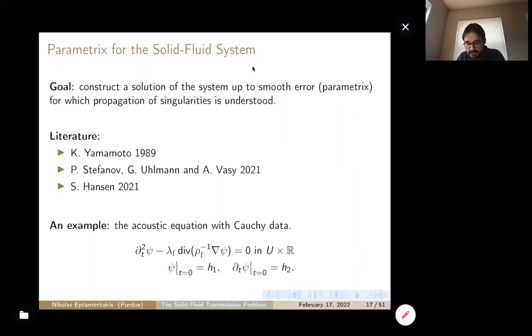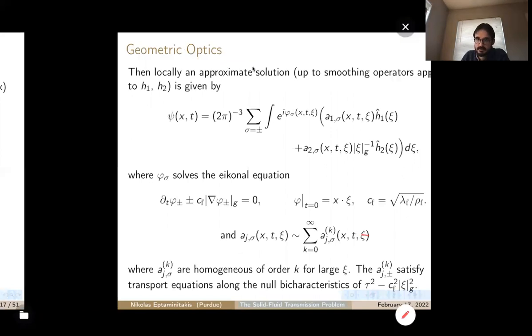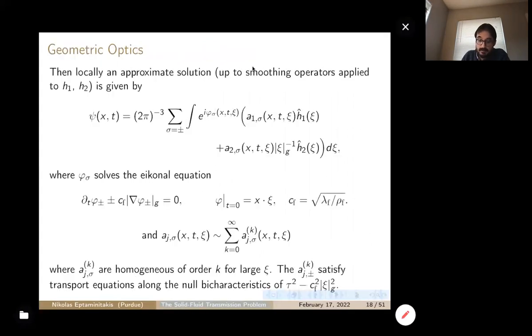And we have some Cauchy data, and it is very well known and classical. It goes back at least 60 years or so that one can construct solutions for such a problem using geometric optics.